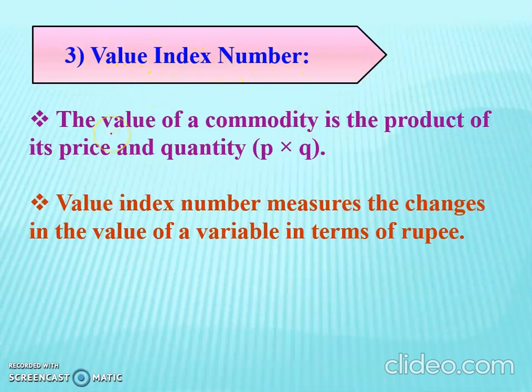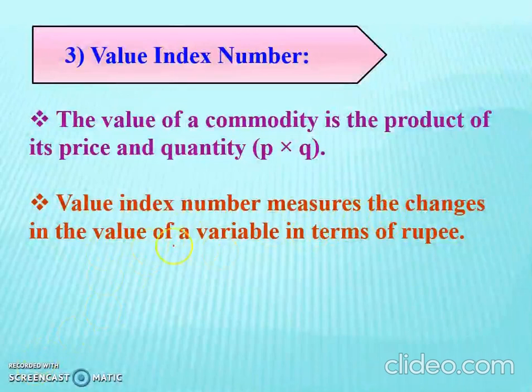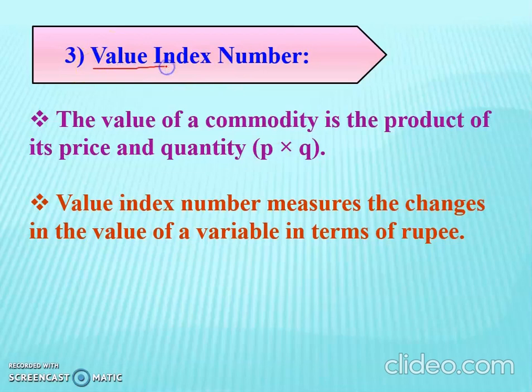Value index number means here the value of the commodity is taken into consideration for calculating the index number. The value index number measures the changes in the value of variables in terms of rupees. Now see here, value index number means we are going to calculate the value of goods and services, right?